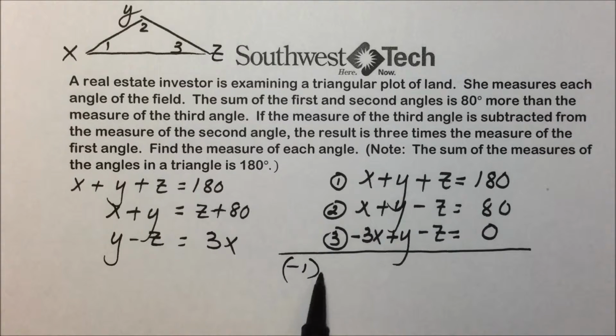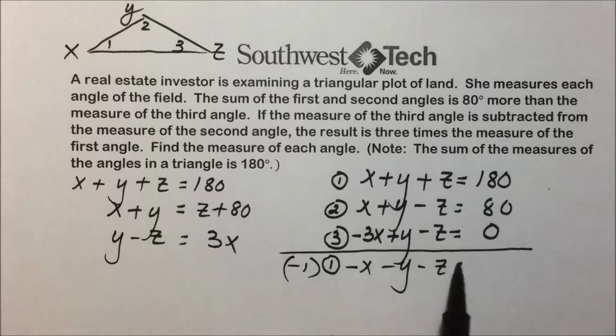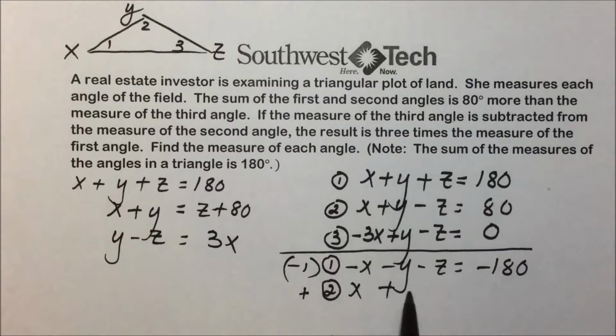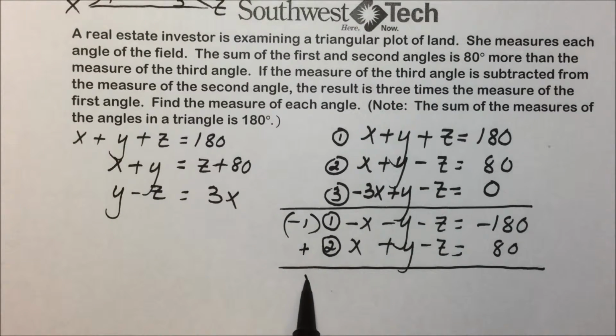Multiplying the first equation, as I said, by a -1 will change every one of those signs. They're currently all positive, so multiplying by a -1 makes them all negative. I'm not going to do anything other than add the second equation, which is x plus y minus z is equal to 80. And the result we're going to call our new number 2.